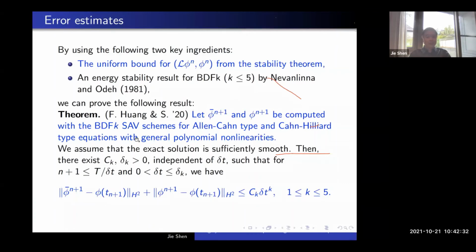For k less than or equal to 5, we can prove that the error of phi bar and also phi, both of them, are k-th order approximations. So this is very nice. In fact, right now this result can be extended to order 6 by using a new stability result recently obtained by some other people.